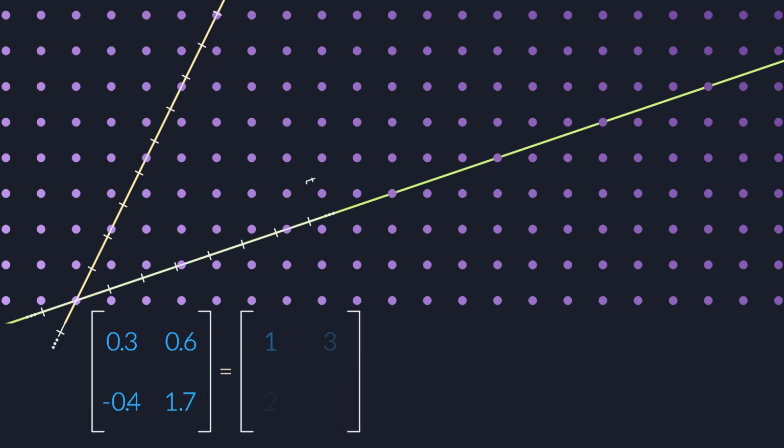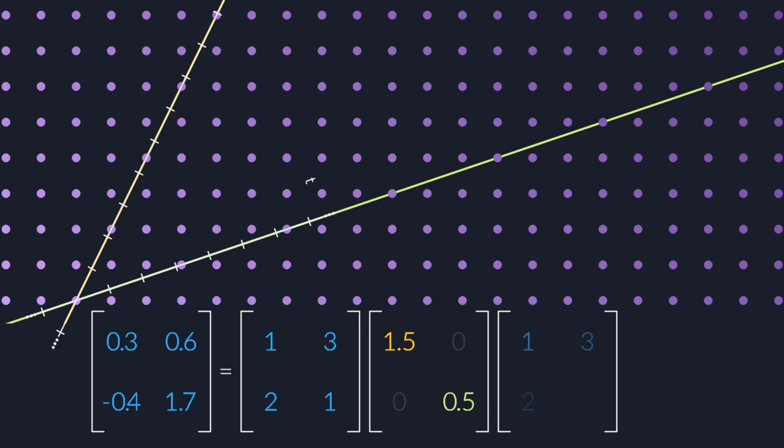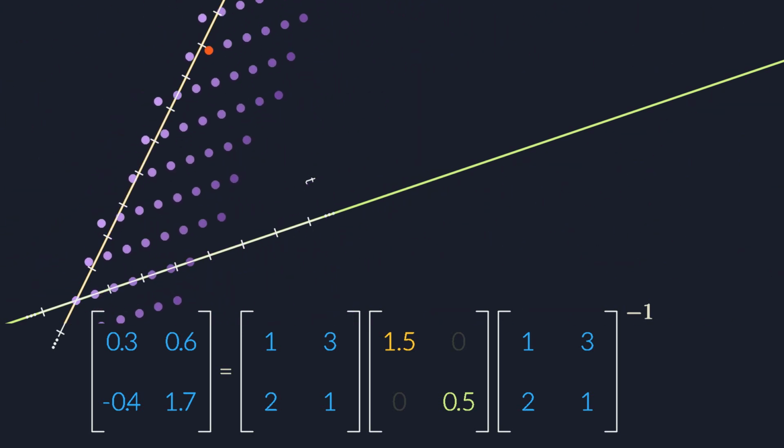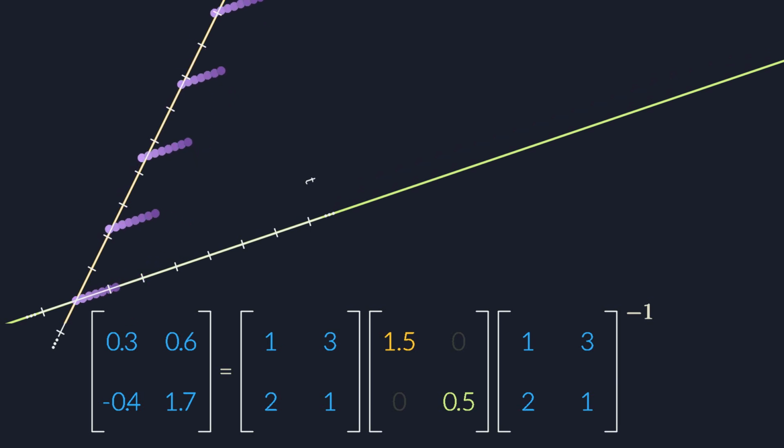Our matrix turns into a sandwich with a diagonal matrix in the middle. To run the system over many successive years, we have to start at some initial vector, such as 3,3, and then multiply it with our matrix over and over and over again.